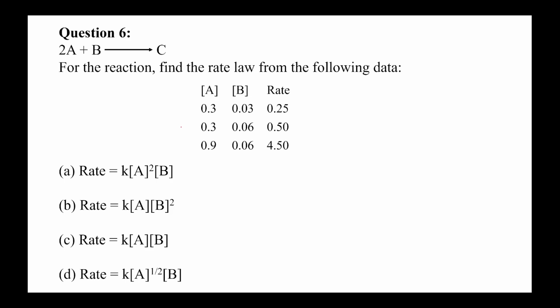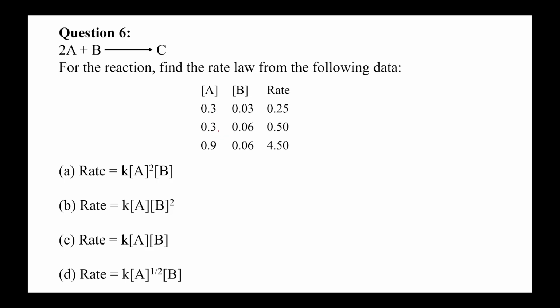Next question is 2A plus B goes to C. For the reaction, find the rate law from the following table. So here we have three different rates given for three different sets of reactant concentration. So when concentration of A is 0.3 and B is 0.03, the rate was 0.25.